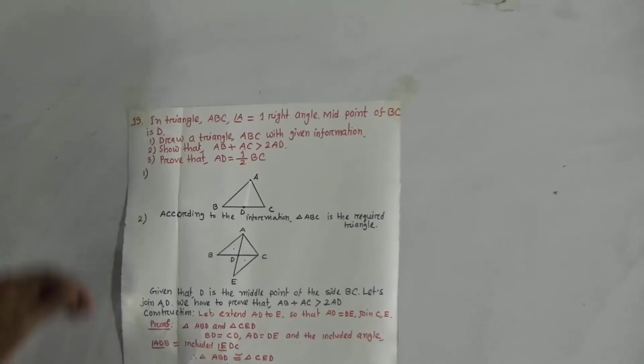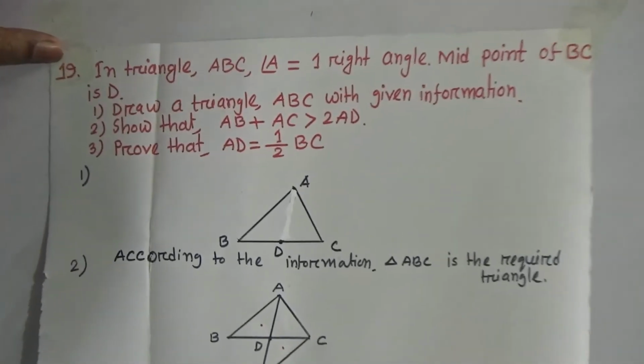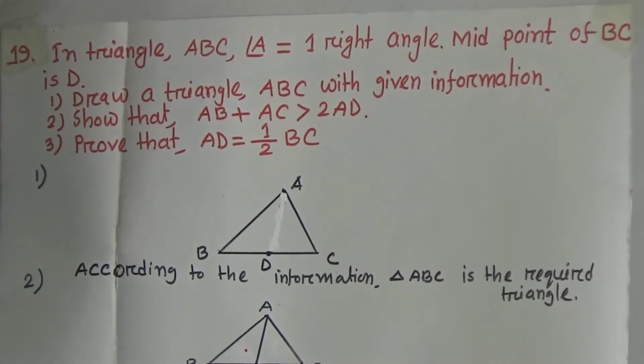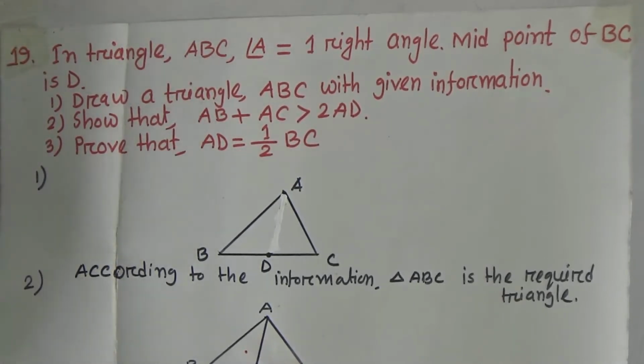At first, please read the question. In a triangle ABC, angle A equals a right angle, and the midpoint of BC is D. Draw a triangle ABC with the given description.